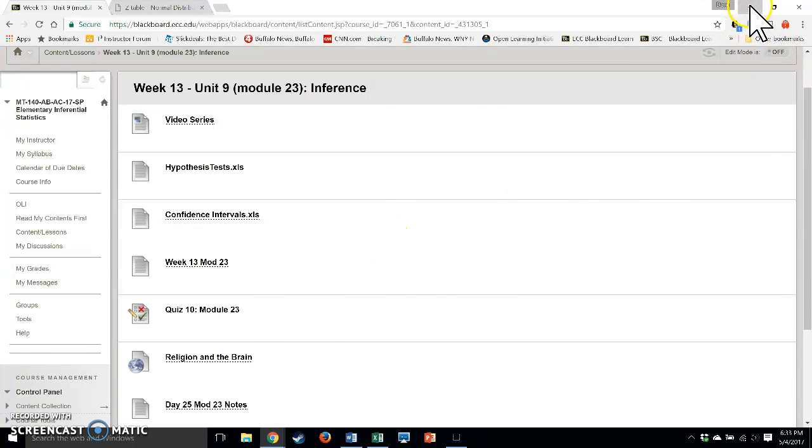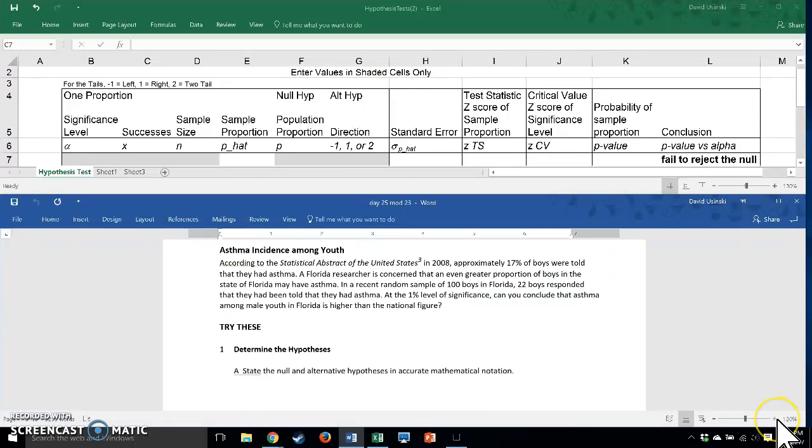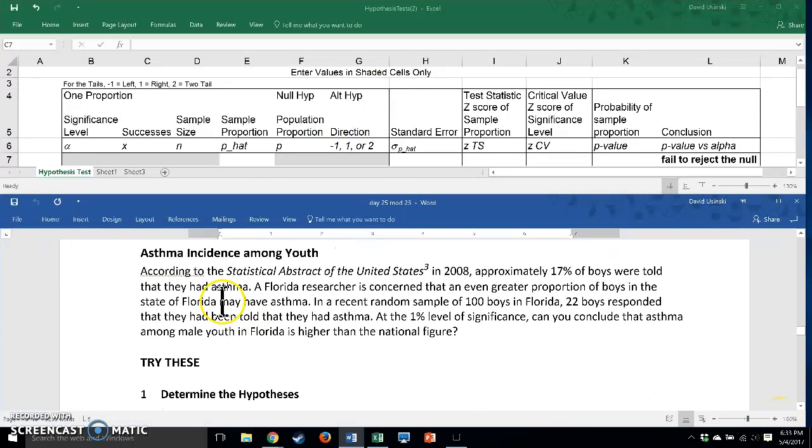I have these files set up behind the screen here. Okay, so let me zoom in a little bit on the actual problem. Here's one that was done in 2008. 17% of boys were told they had asthma. That's in 2008 in general in the United States. But a Florida researcher is concerned that there's a greater proportion of boys in the state of Florida who may have asthma.